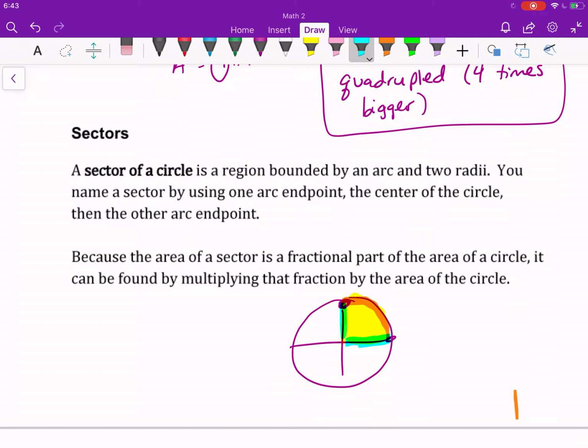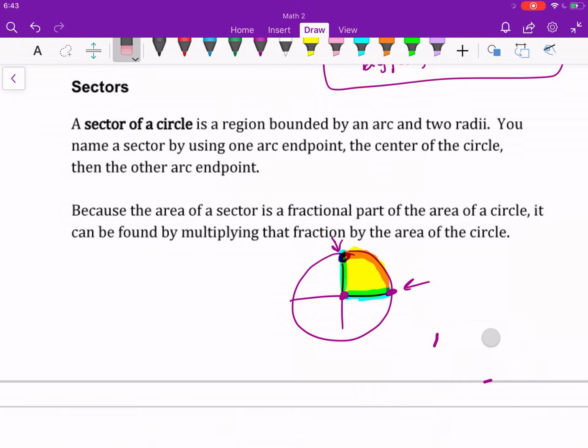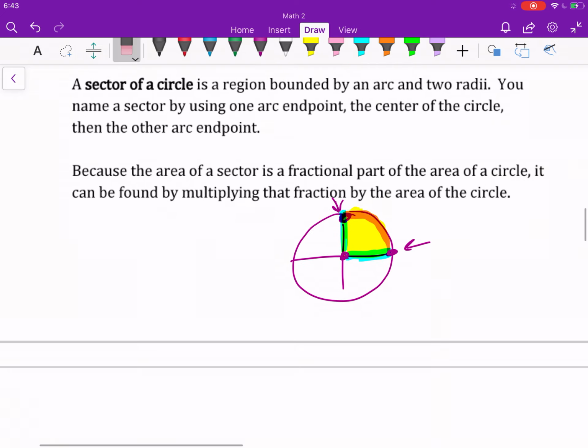When you name a sector, you have to use these endpoints as well as the center. So you go from one endpoint to the center to the other endpoint. Now a sector is going to be a portion, a fraction of the area.